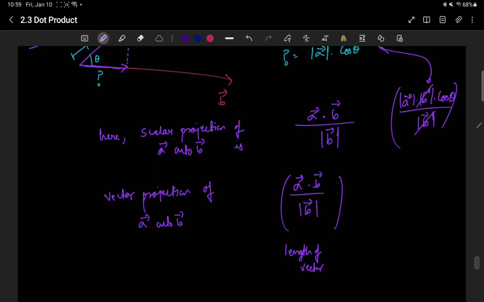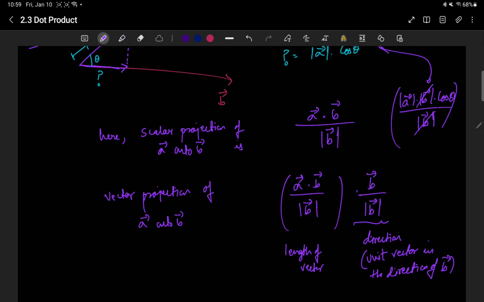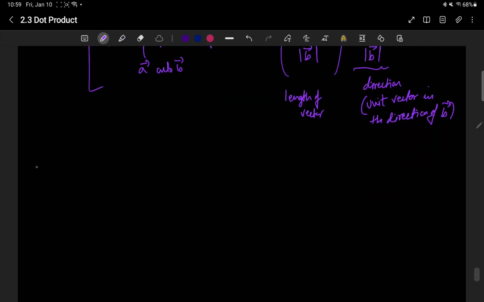Well, it's directed along B. So it's vector B divided by the magnitude of vector B. This gives us the direction. This is the unit vector in the direction of B. So using these two, we can find the scalar value of the projection as well as the vector projection.